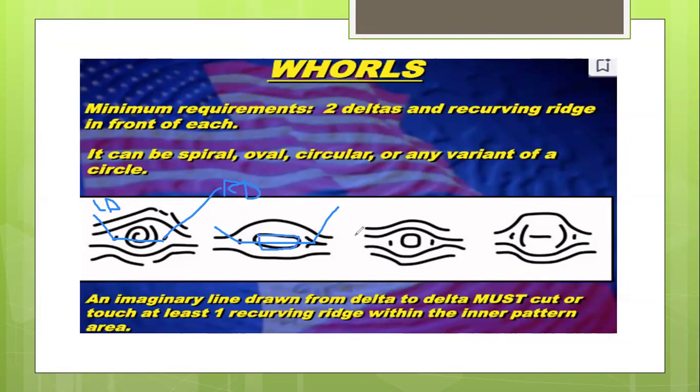And another example, this one, that is LD. What is LD? That is left delta. And another one is the right delta. The outer terminus. When an imaginary line is drawn between two deltas, it must touch at least a circuiting ridge. And this one. Okay. Let's proceed.